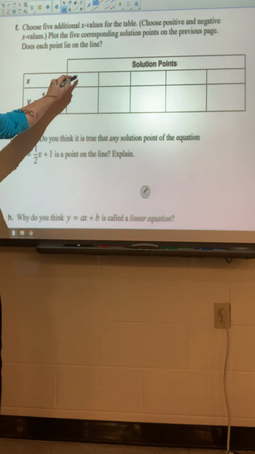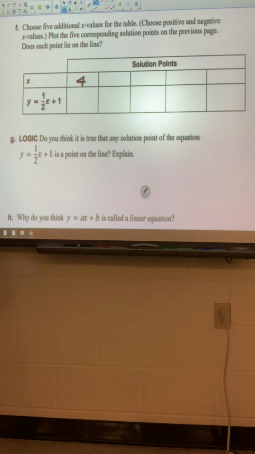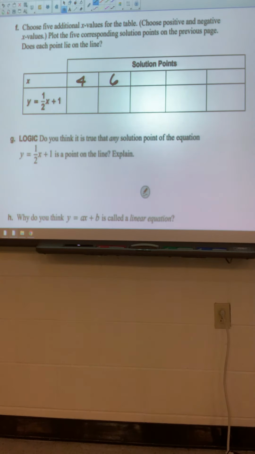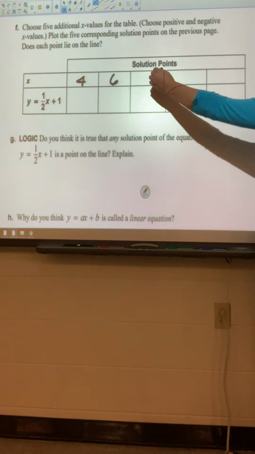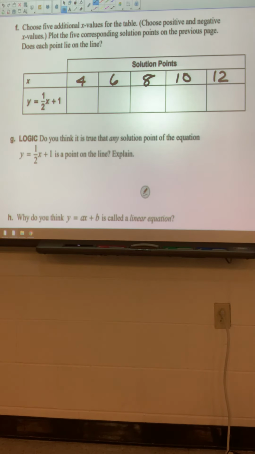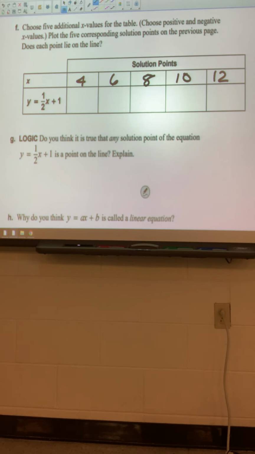Let's pick 4. You can pick 5 if you want, but if I do 5 times a half, I'm gonna get a decimal. So let's try 6, 8, 10, 12. The reason I'm saying that is because this has a denominator of 2, so it needs to be divisible by 2.